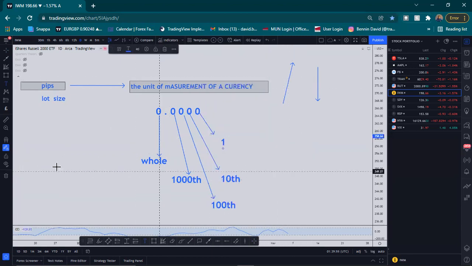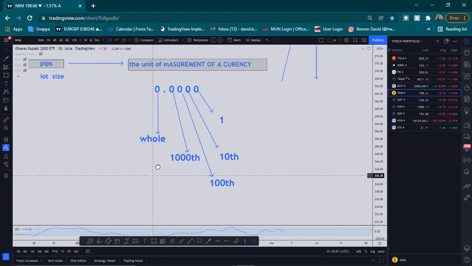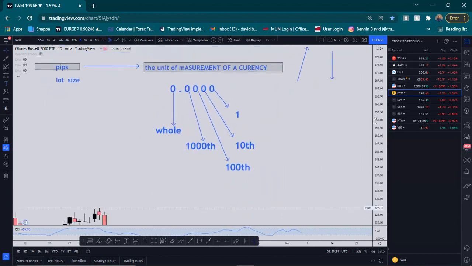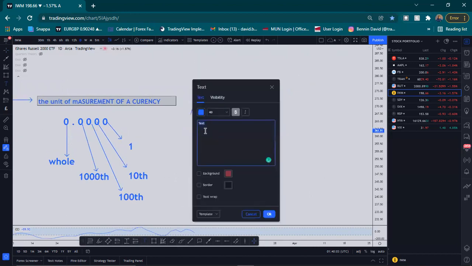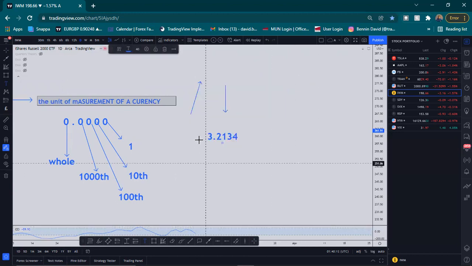So what does this mean? Don't get confused. For instance, if we have a currency that is, let's say, 3.21434, what we are saying is this is the whole number value, then the thousandth, hundredth, tenth, and one.